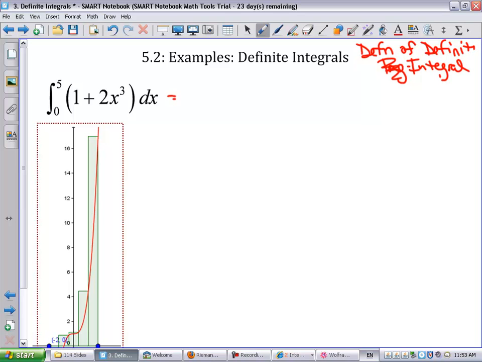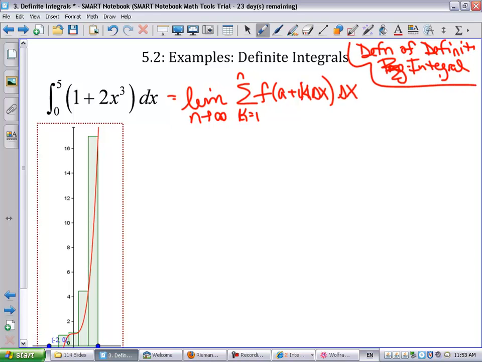You're supposed to say this is the limit as n goes to infinity of the sum, k goes from 1 to n, f of a plus k delta x times delta x. Okay, so then that means it's the limit as n goes to infinity of the sum, k goes from 1 to n, of, well, what do we know about this?